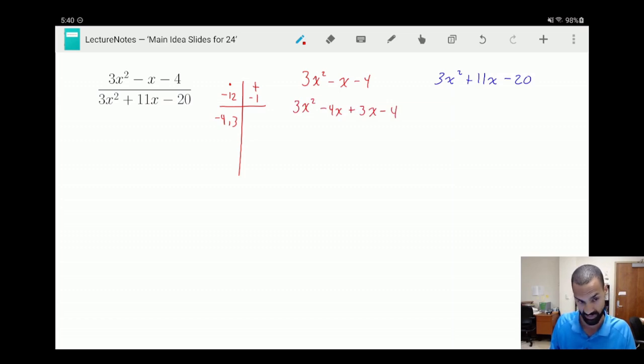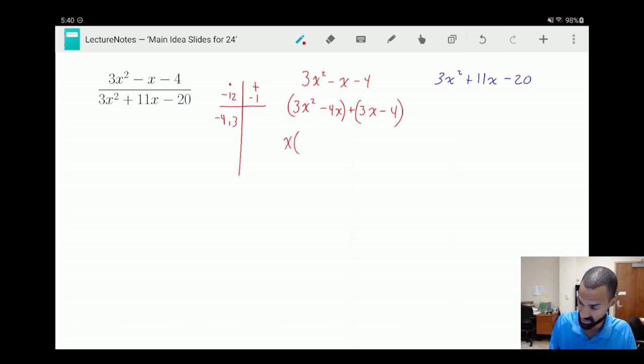Once it's split into 4 terms, I'm going to group together the first 2 terms, group together the last 2 terms, and factor out my greatest common factor. So the common factor between 3x squared and negative 4x would be x.